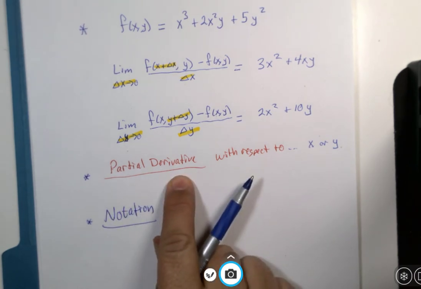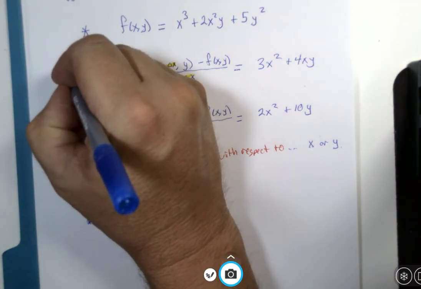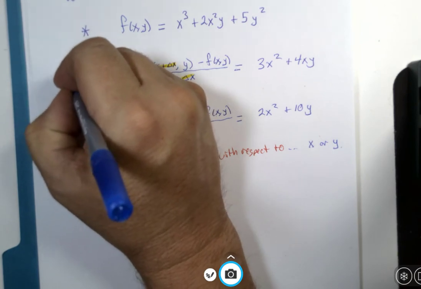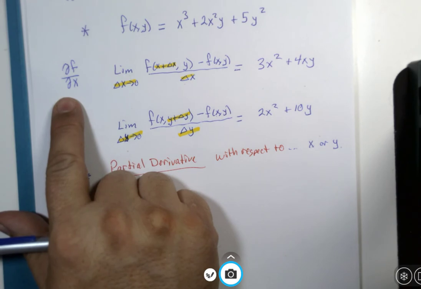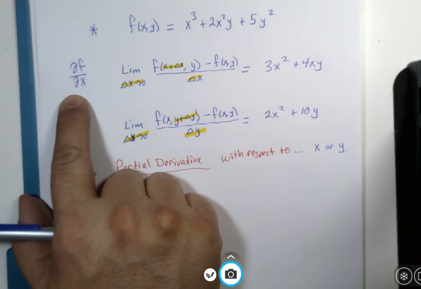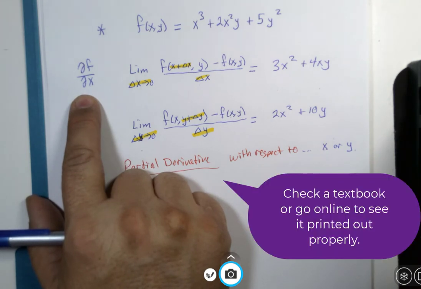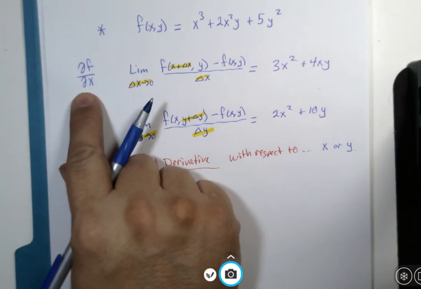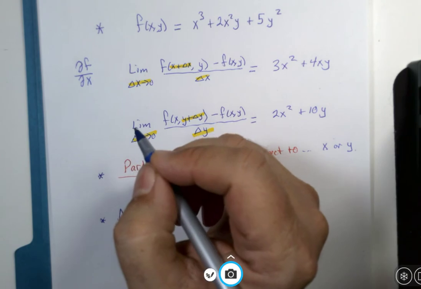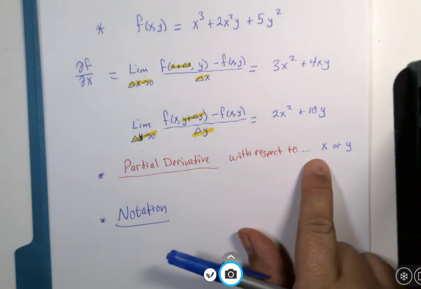The partial derivative does not use the standard notation for derivative. It uses a strange little symbol that looks a lot like, well, it doesn't look like any symbol that we've used. It's not a letter from the Greek alphabet. It's not the number 2. Its closest resemblance is to a letter D from somebody's hand-scripted writing. And this would be the partial derivative with respect to x.